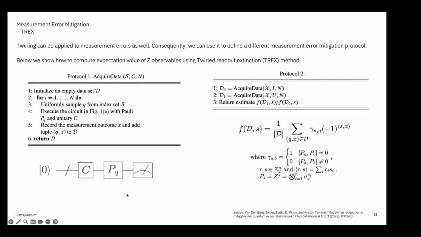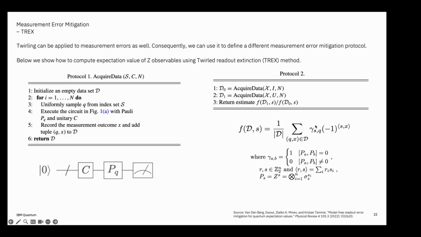Okay, run your experiment, just make sure you twirl, and when you twirl, keep track of the twirls and what the corresponding measurements is. After that, you can compute a fidelity, which basically means go through the entire data set, you collected Q comma X, Q was the twirl, X was the bit string, and just figure out whether you need to count it positively or negatively.